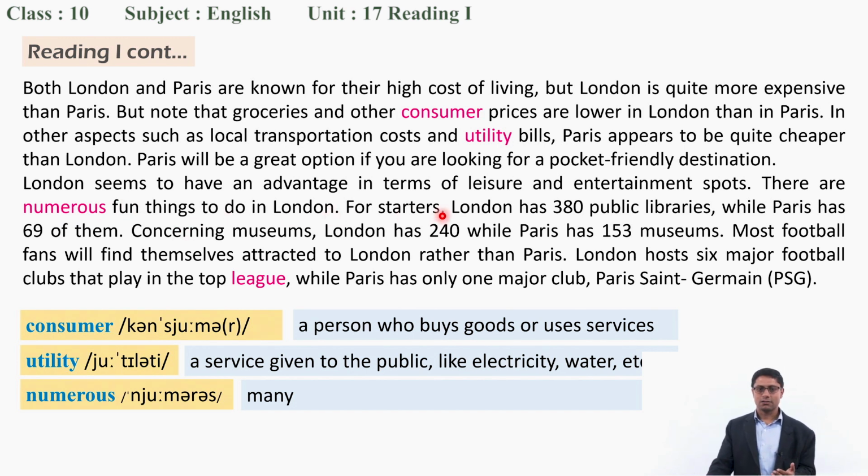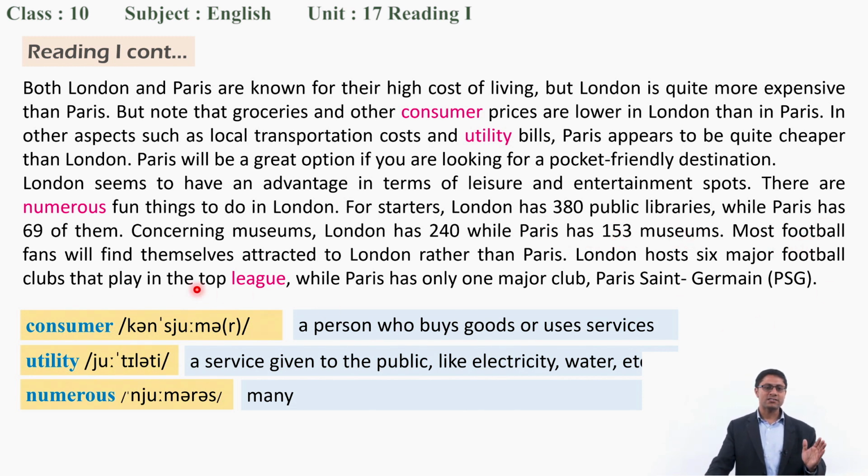For starters, London has 380 public libraries, while Paris has just 69 of them, means 69 public libraries. Concerning museums, I hope you know where the ancient things are preserved. London has 240 museums, while Paris has just 153 museums. Similarly, sports.